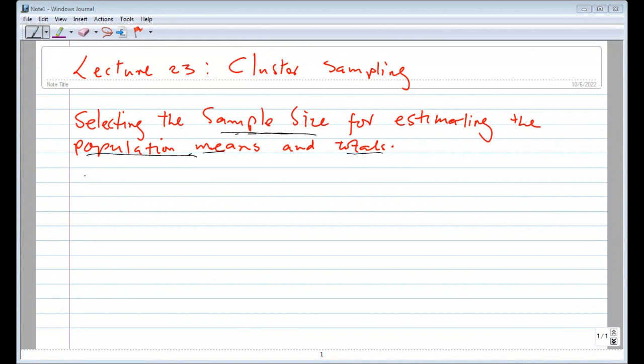So now let's start with this one. How do you select the sample size for estimating the population mean? So in other words, we're saying sample size required to estimate the population mean.